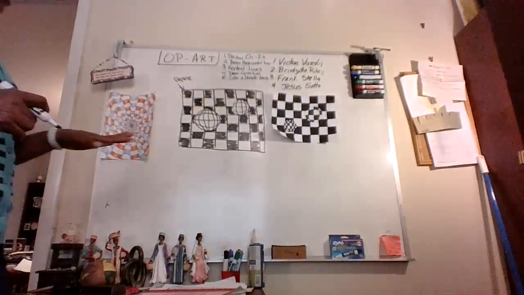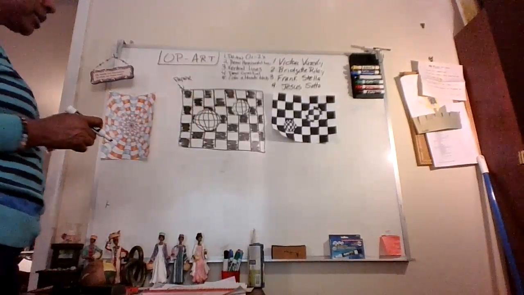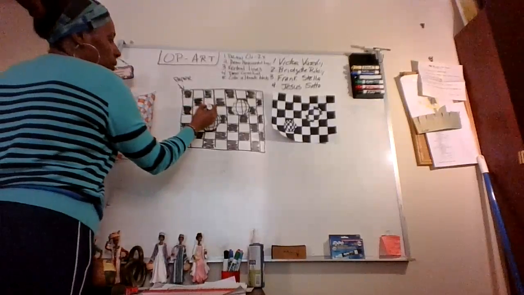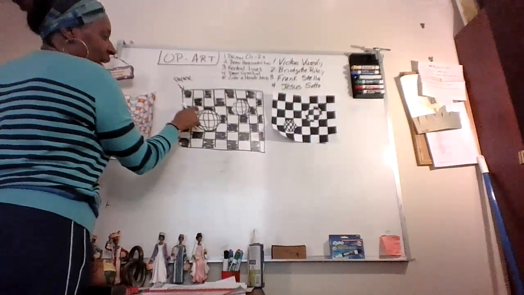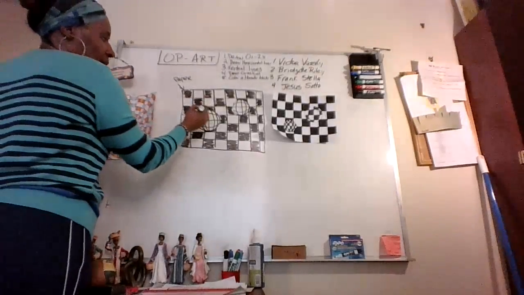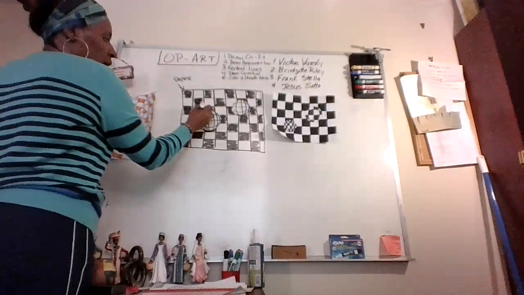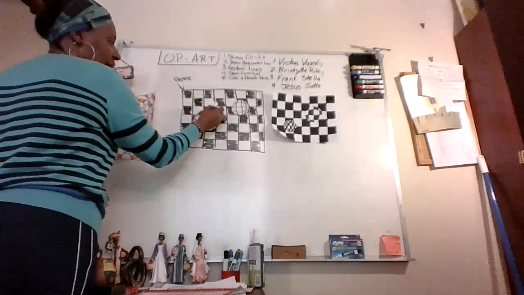All right. Now we want to go and do the same thing on the ball. So we'll start with this ball first. I'm going to color this one black because it is right here next to it. And some of them are going to touch, and that's okay. But I'm going to do black, white, black, white, black.